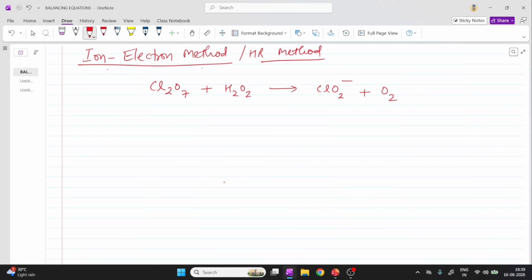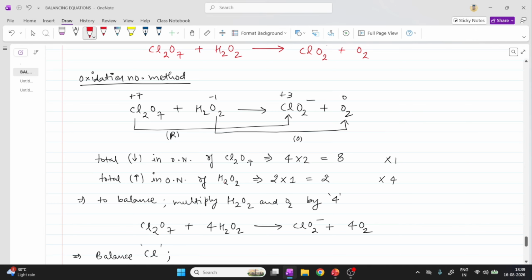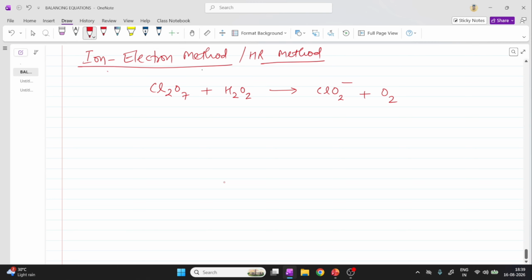So first, step 1 is to find oxidation and reduction, which is the same. We have already done this part. So we know the oxidation states and we know the oxidation state change. So directly I will write the oxidation half reaction and the reduction half reaction.